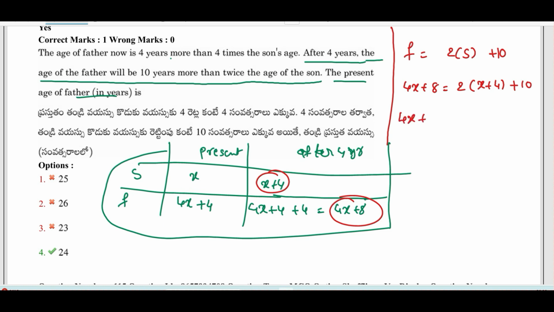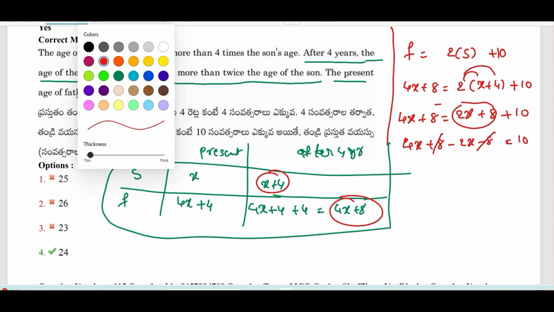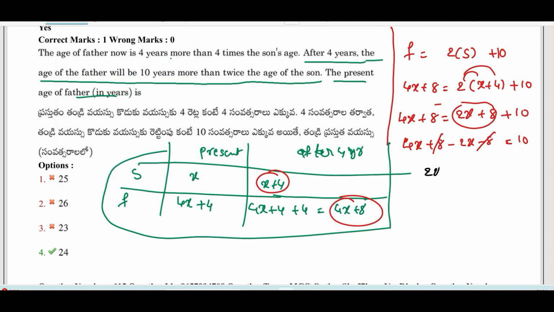So 4x plus 8 equals, applying the distributive property, 2x plus 8 plus 10. Okay. Transposing to the other side, 4x plus 8 minus 2x minus 8 is equal to 10. Minus 8 plus 8 get cancelled, and 4x minus 2x is 2x. 2x is equal to 10. From this, x is equal to 10 by 2, that is 5.